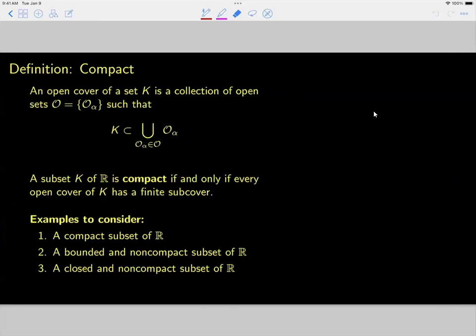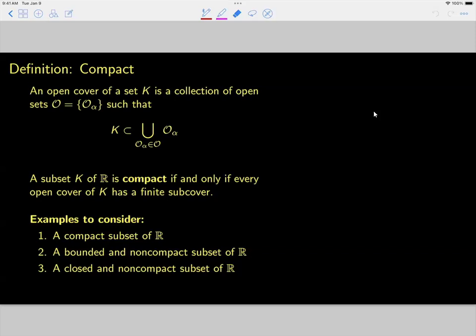Now, some things to start to think about, right? We might want to know, what are the compact subsets of R? So you saw we did that closed interval 1 to 3, and you may have picked up on the fact, and I guess we didn't prove it was compact, right? But you get the notion that maybe it is, okay?